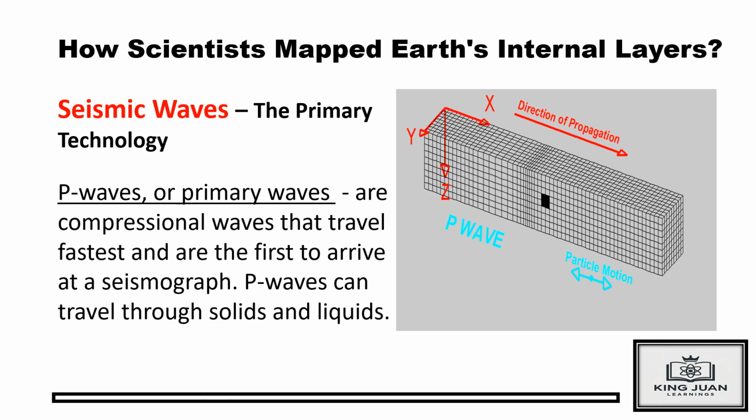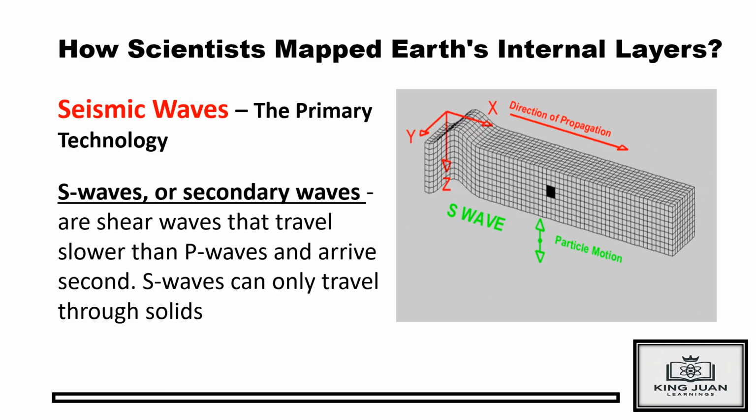As you can see in the picture, that's how P waves propagate. They are in consonance with the direction of their motion, so they are parallel to each other. On the other hand, S waves, the second type of seismic wave, are also known as the secondary waves.